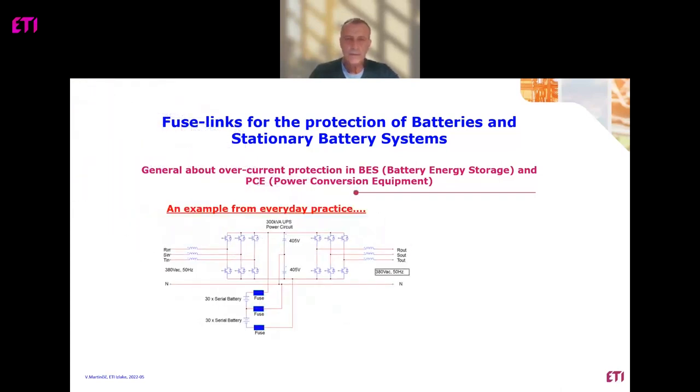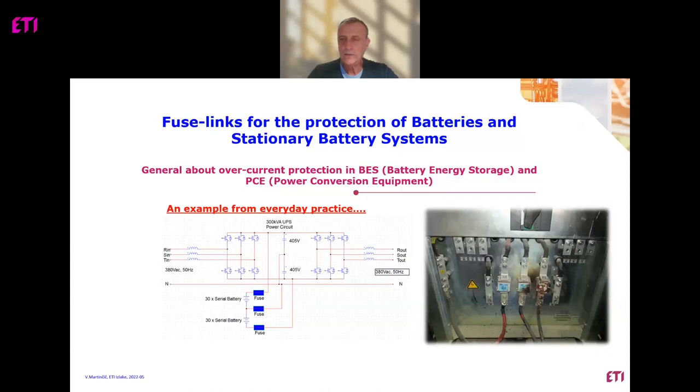You can see a circuit diagram of a power circuit converter connected with batteries, 30 batteries in serial connection, protected by fuses, correct in plus and minus, but the fuses were selected by the wrong procedure, and the usual consequences could be visible here in these pictures on the right side.